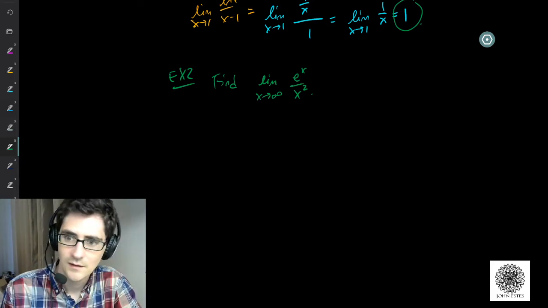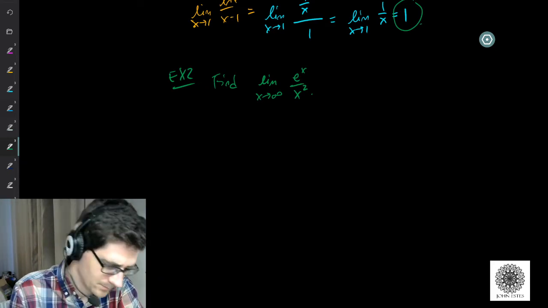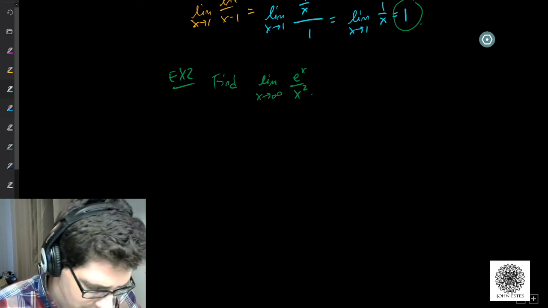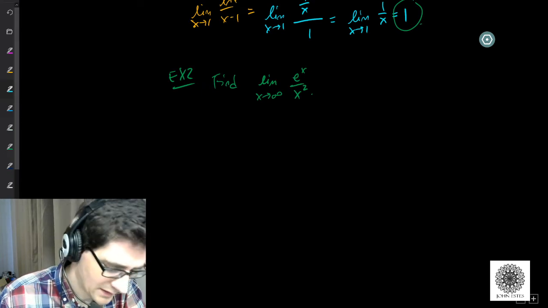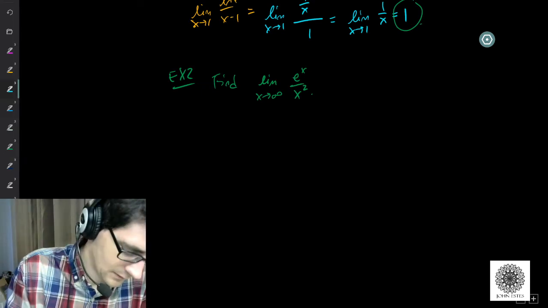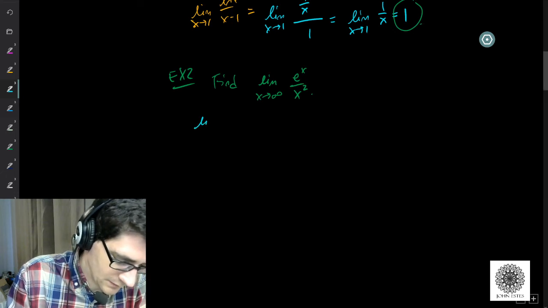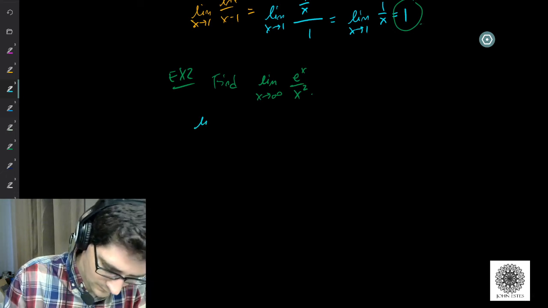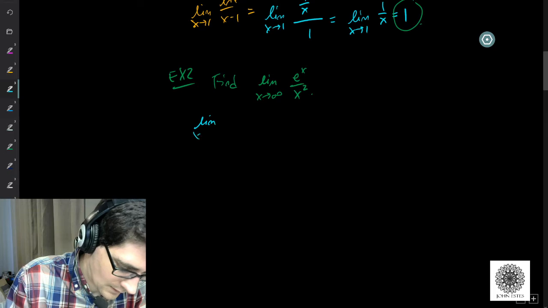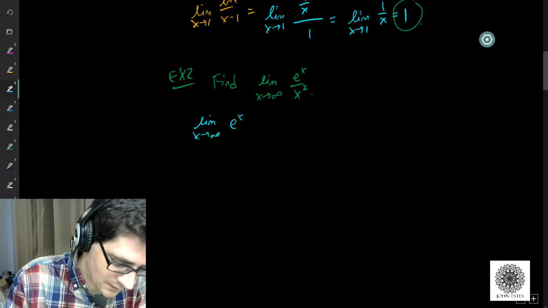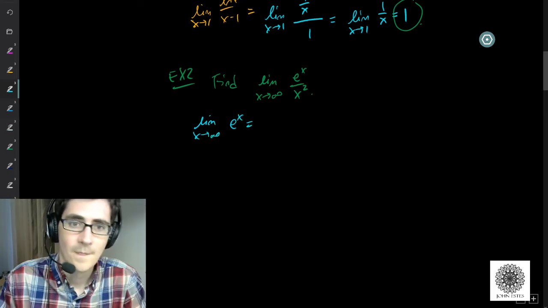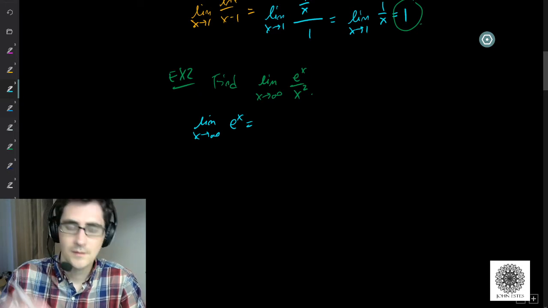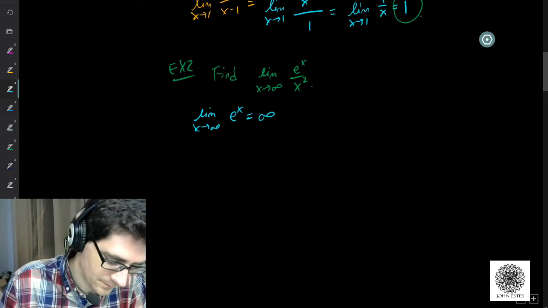Okay, so let's look again at this limit and let's figure out what's going on. As x goes to infinity, what happens to e to the x? Alright, so let's do that first. The limit as x approaches infinity of e to the x. Well, we know that graph's just going to blow up, so this goes to infinity.